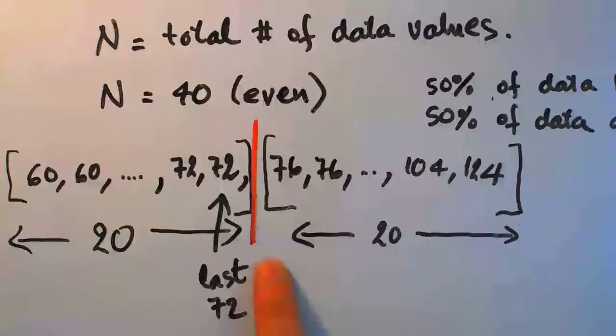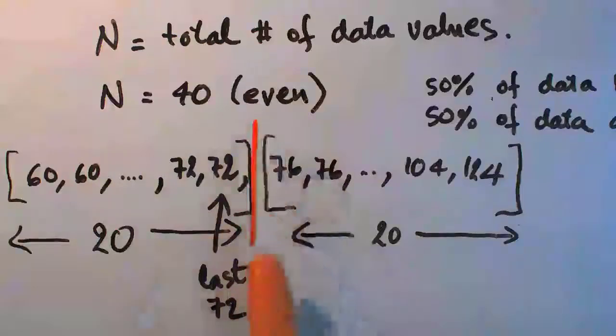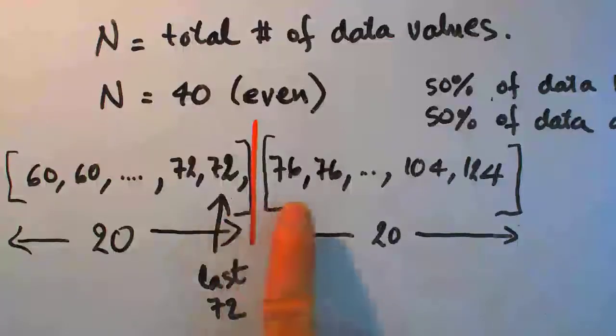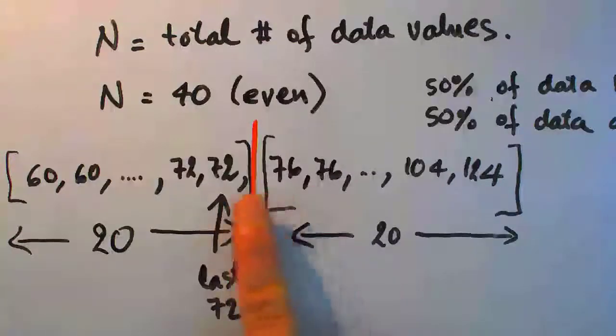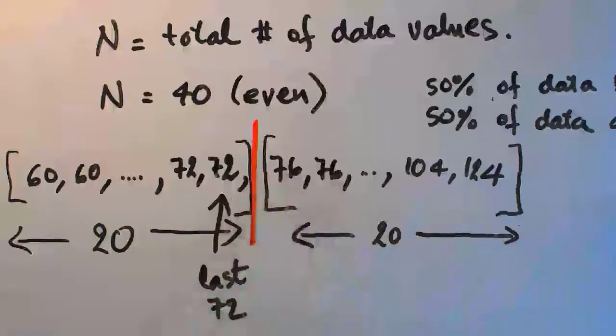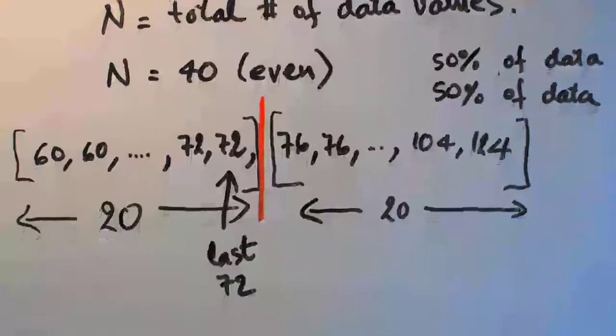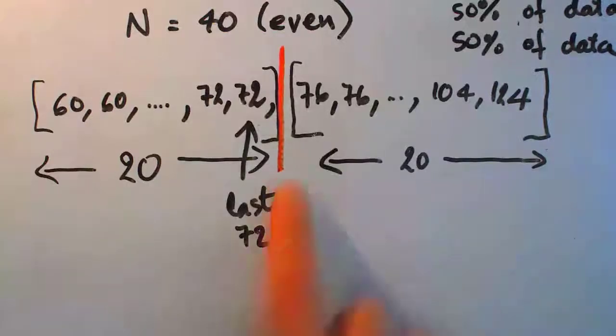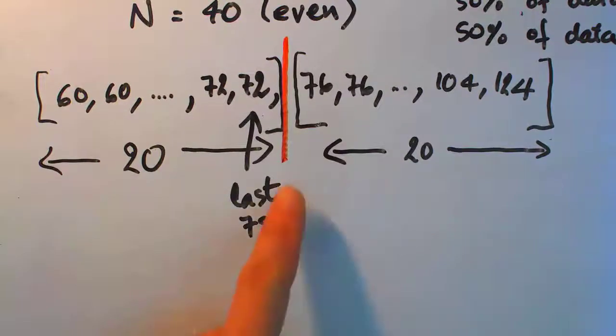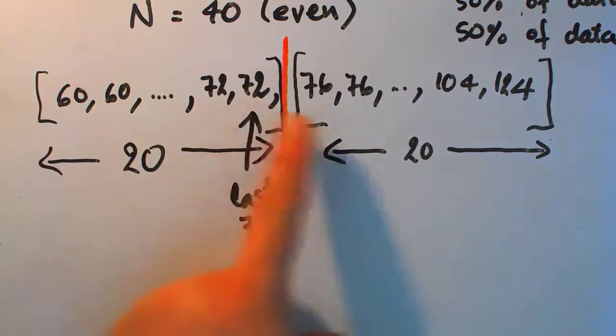That's the reason why, once again, I drew my red line right here, indicating the cut has to be exactly in between the 72 and 76. The best compensation for that is to find the midpoint value, so the cut makes sense to be exactly in the middle between 72 and 76.